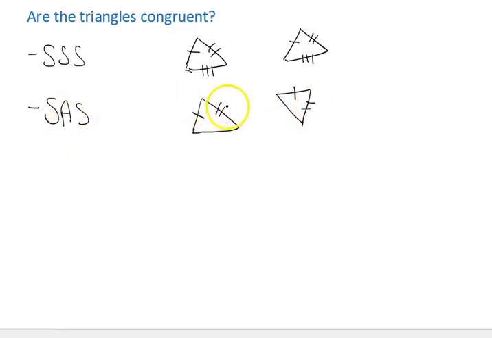It's got to fall between the sides over here. So the matching angle that you know has to fall between those. So when you read the picture, it's like side and then an angle and then a side on both triangles. You hit that same order. If you know these 3 things about both triangles, then you can make the assumption that everything else in those triangles matches up.